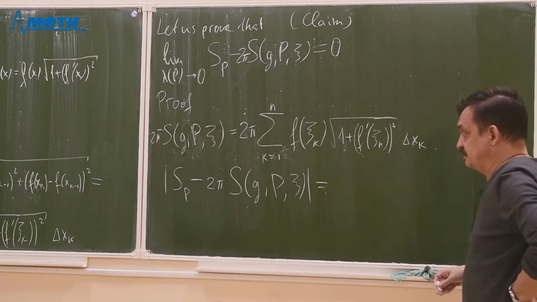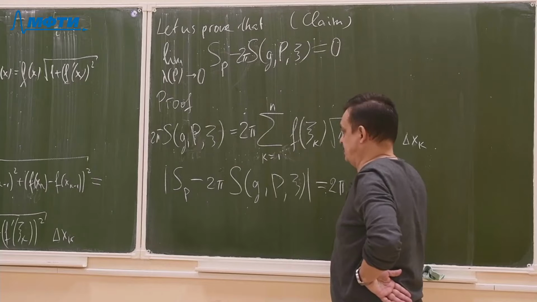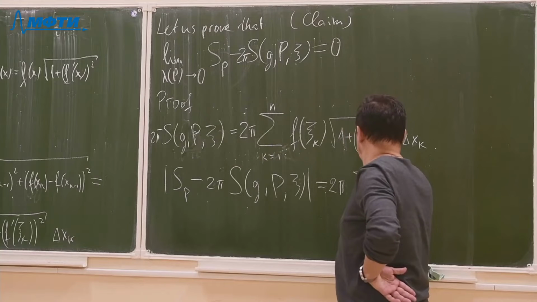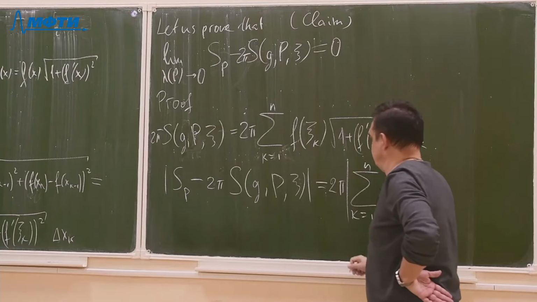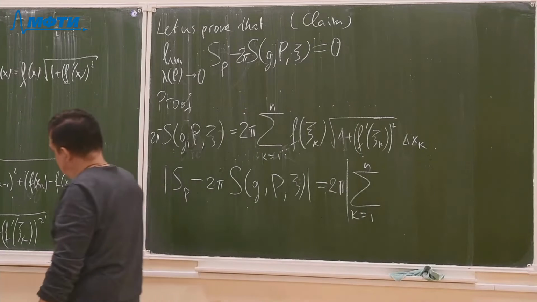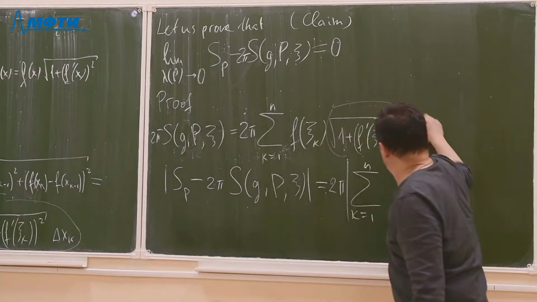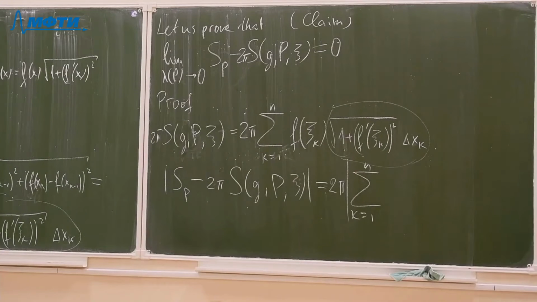So what is it? That is equal to 2 pi times sum k from 1 up to n. And you see, those terms are the same, but other terms are different.